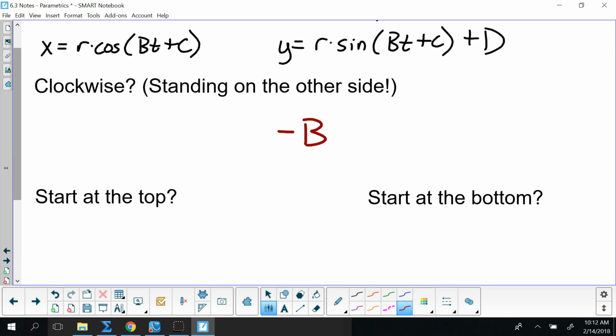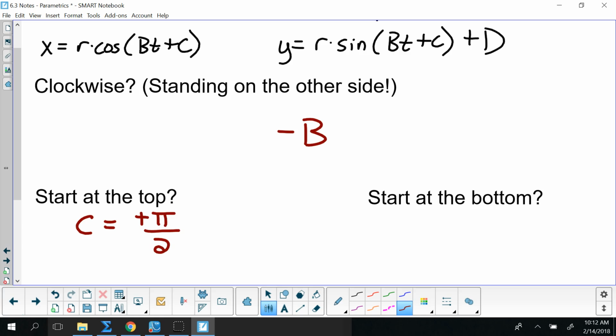What about pi over 2? So what value in those functions would be pi over 2? My C value here, if I'm starting at the top, would be positive pi over 2.